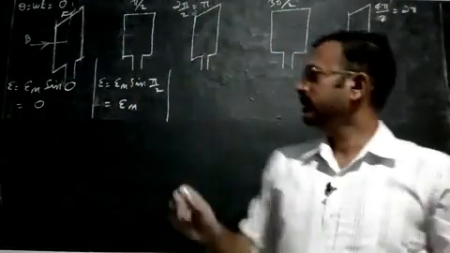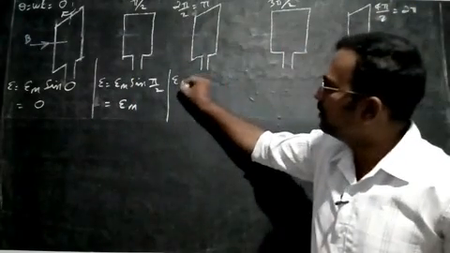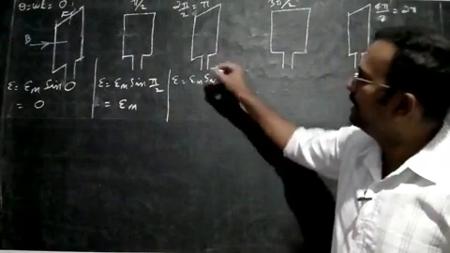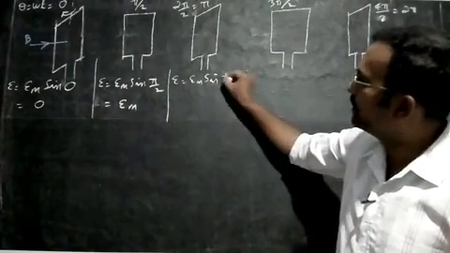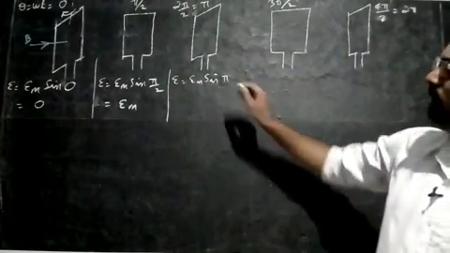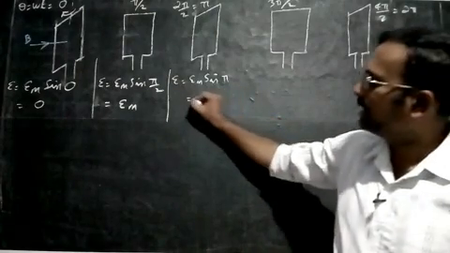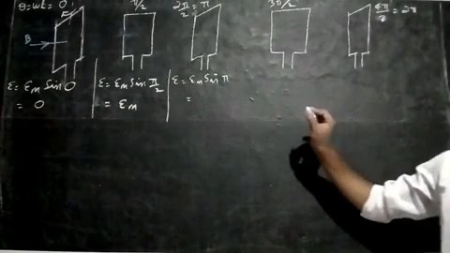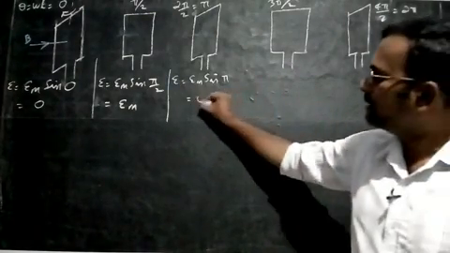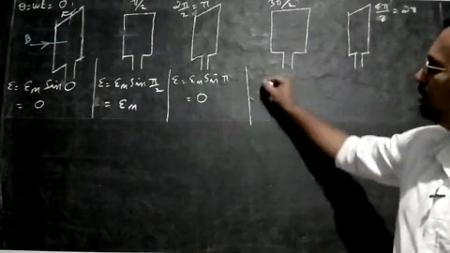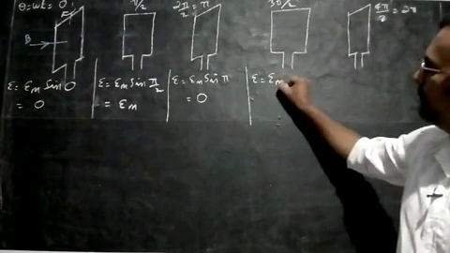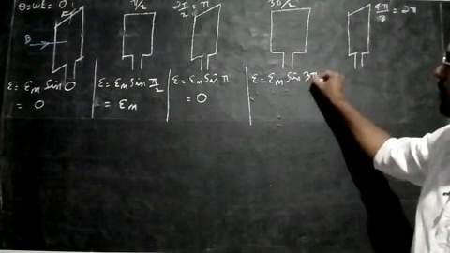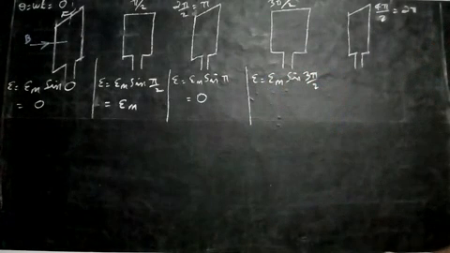Next, the third picture. Here E is equal to EM sine pi. What is sine pi? Sine 180, and the value is 0 only. So we get 0 for the third one. Next, the fourth one: E is equal to EM sine 3 pi by 2, that is 270 degrees.